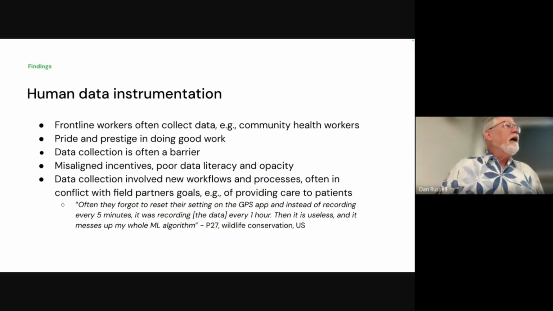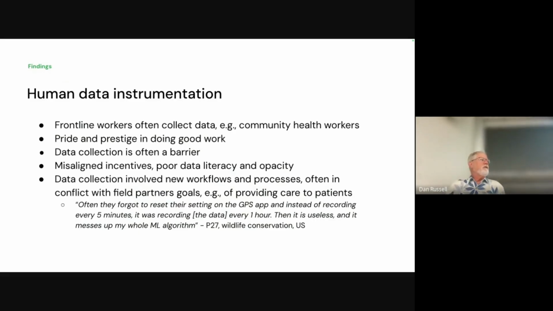Again, you can have misaligned incentives and poor data literacy. So what we need to think about is how can things go wrong there as well? I know, I'm always talking about the way things can fail. But in this case, you, as the person doing the AI work, need to understand the ways in which data collection can fail.